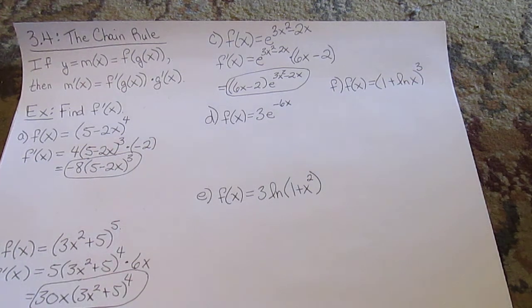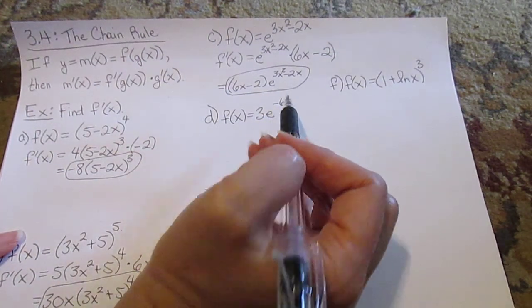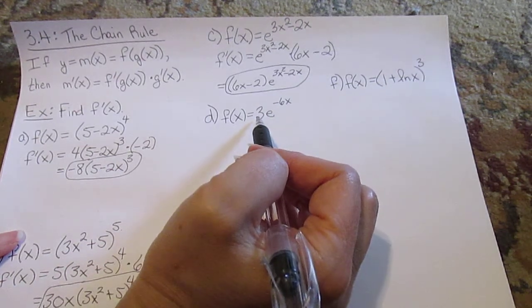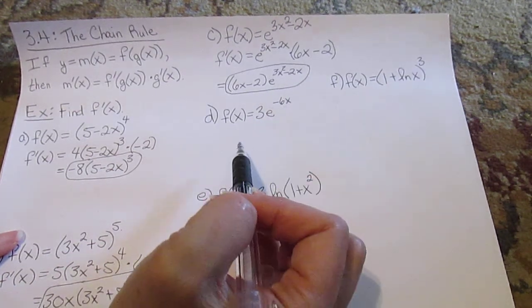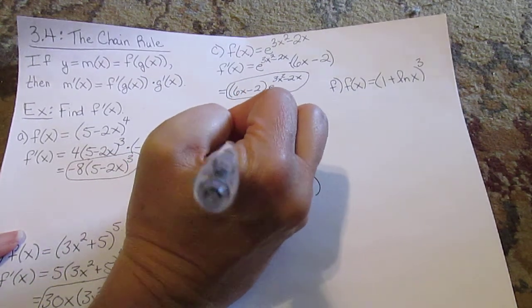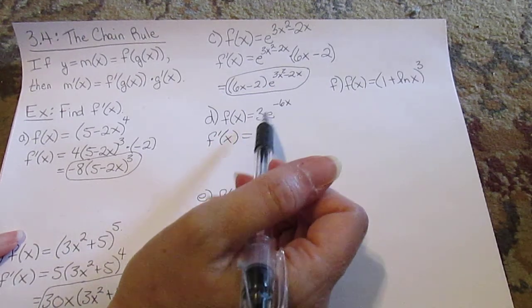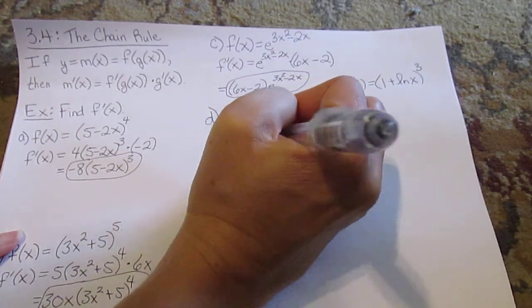Part D, this one's very similar. We've got 3e to the negative 6x. Well, the inside function is that negative 6x. The outside function is the 3e to whatever power. So we're going to take the derivative of the outside function first. Okay, again, a multiple in front just stays in front.